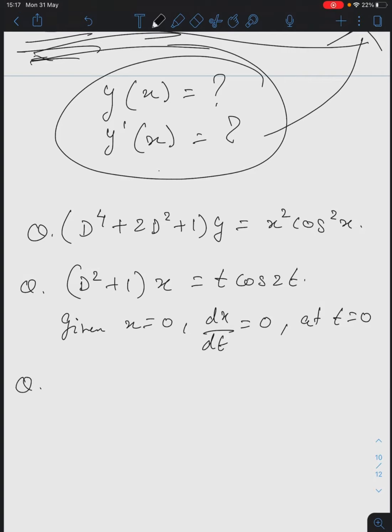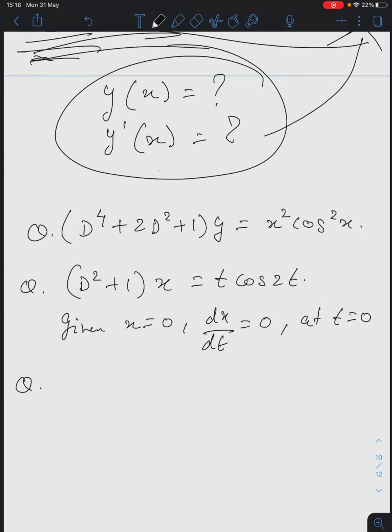People will start writing somewhere t, somewhere x, somewhere y they will use. Because most of the cases we have the habit of, or the questions mostly are in terms of y and x. Don't get confused with those things. Look at the question, whichever variables are there in the question, the solution must be in those variables only. Not only solution, the whole process while solving. Because while solving, sometimes people write y also and then later it will tend to t without mentioning anything.